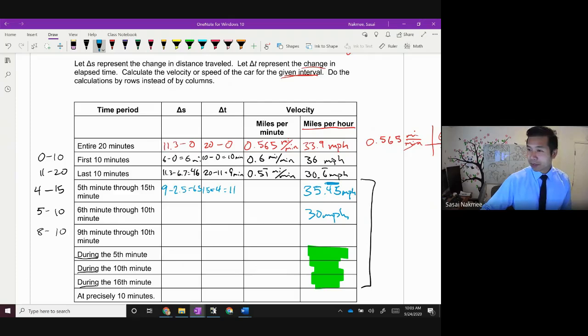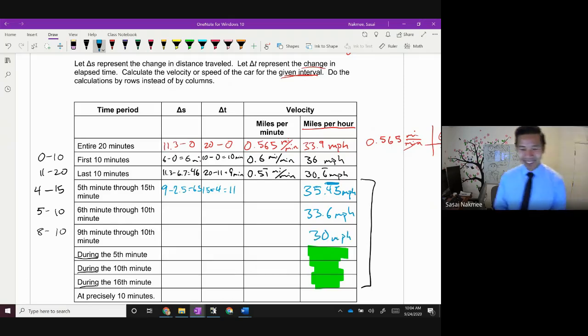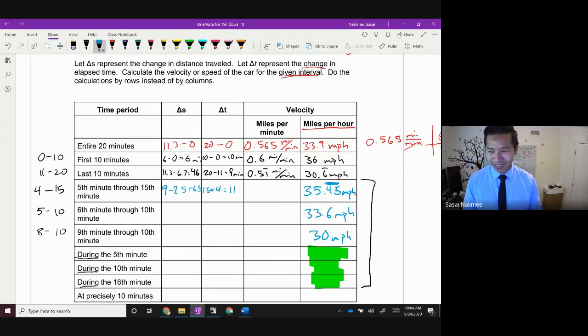My fault. Oh, the 6th minute through the 10th minute is 33.6. You're right. I was copying off your screen too, Calvin. I just looked at the wrong box. 33.6 miles per hour. And then I saw someone else. 30 was for the next one. Cheater. Yeah, I am. A little bit of a cheater.